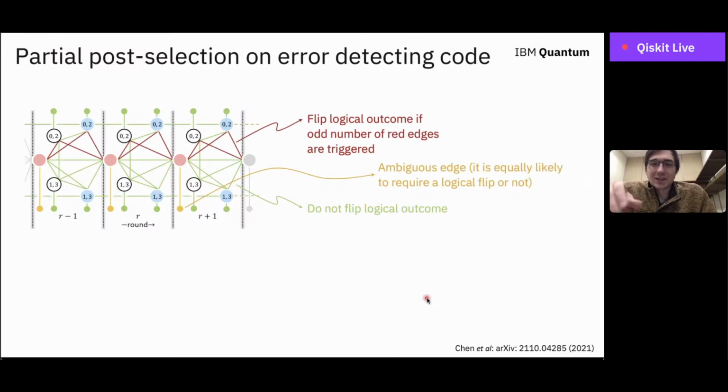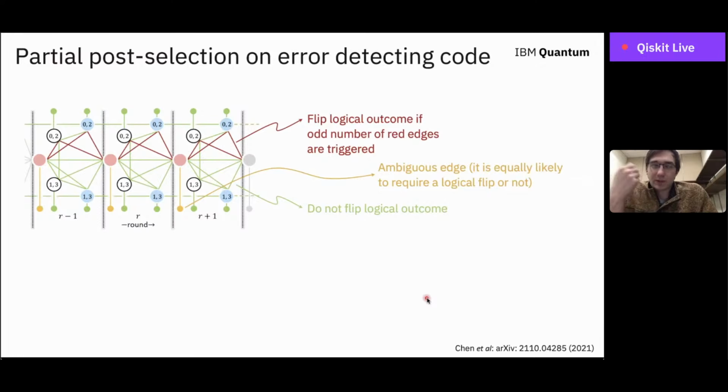So if it's colored red, that indicates that if the matching algorithm chooses that edge, then you have to flip the logical outcome. And if it's colored green, then that indicates that you don't flip the outcome.